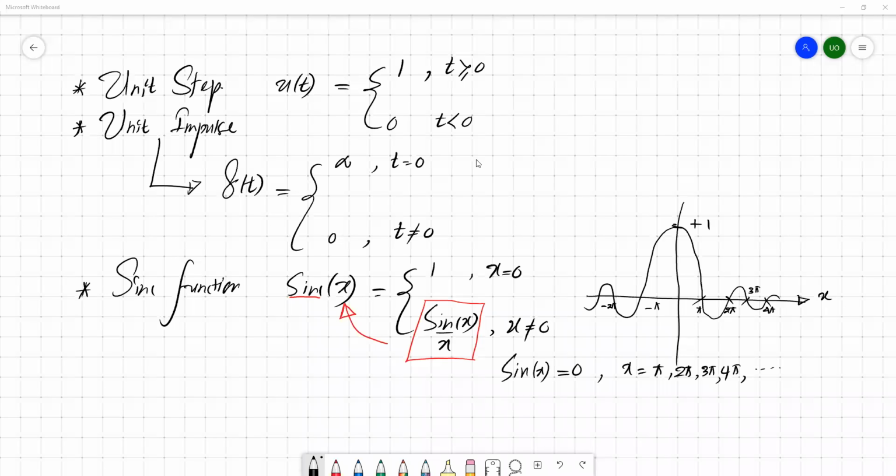So basically, we need to have an idea about the unit step function, then the impulse and sinc functions.